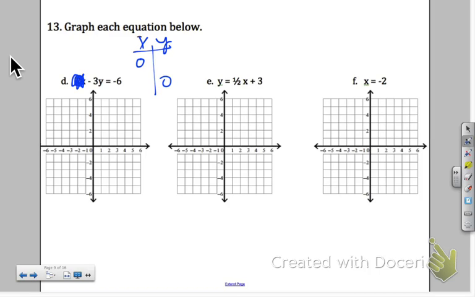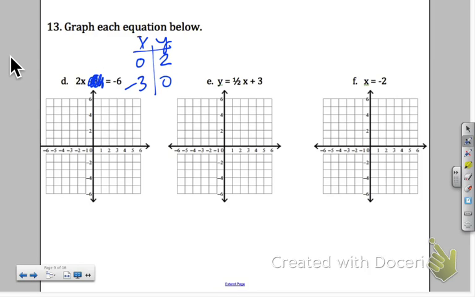And I solve and I get y equals 2, because negative 6 over negative 3 is a positive 2. Then I plug in 0 for y, which eliminates that term, so 2x equals negative 6, so x is negative 3.